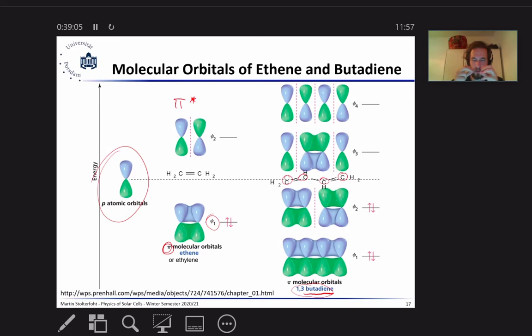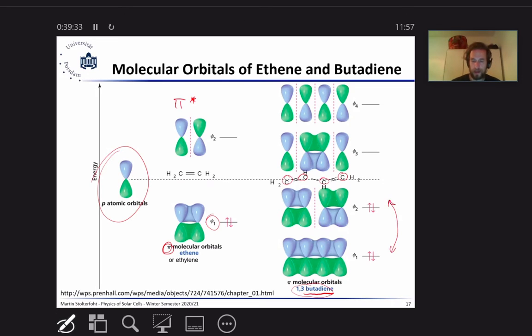Forming one part of the bond, but now we just look at the p atomic orbitals that form the pi molecular orbitals. So there are multiple symmetric and asymmetric combinations. So those two have the lowest energy.